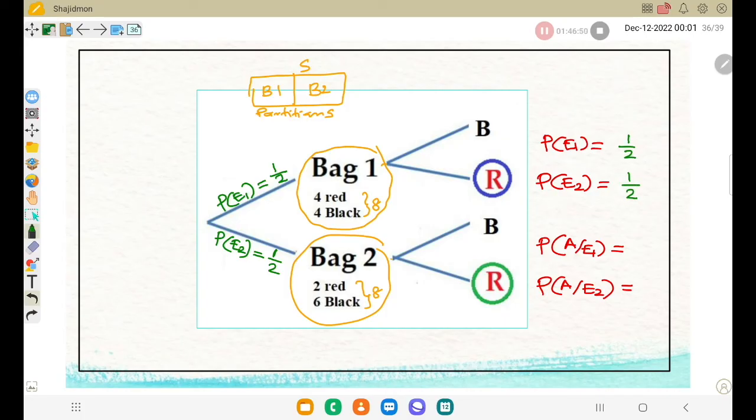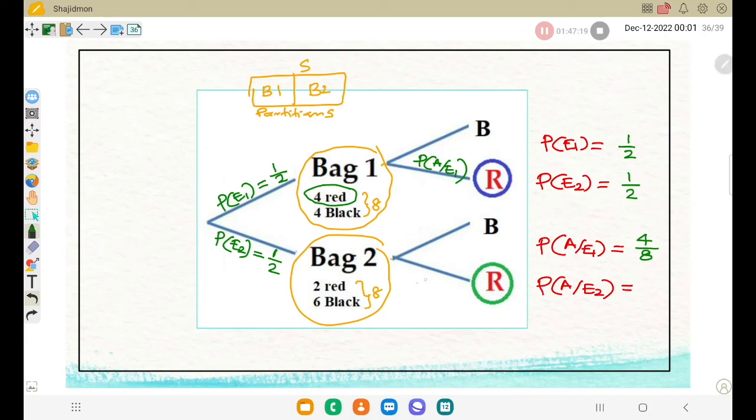Now probability of A given E1, that means the probability of a red ball from bag number 1, correct? How many red balls are there in bag number 1? 4 red balls, divided by the total of 8 balls in that bag. Red balls are 4, total balls are 8.